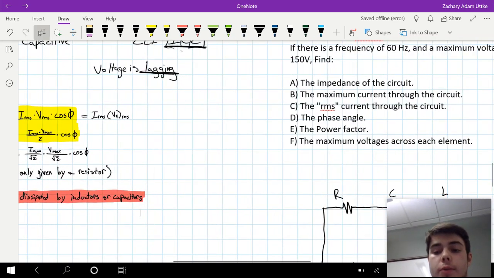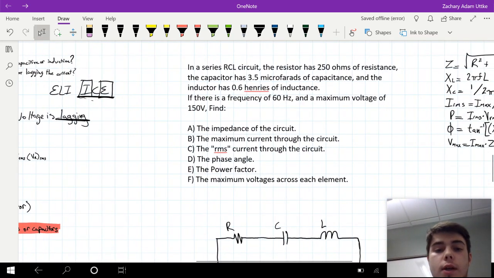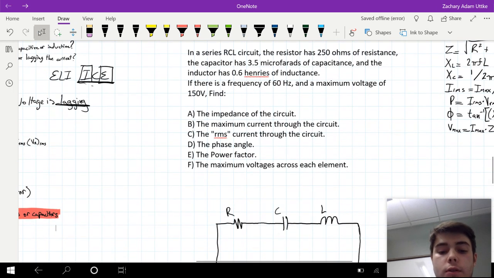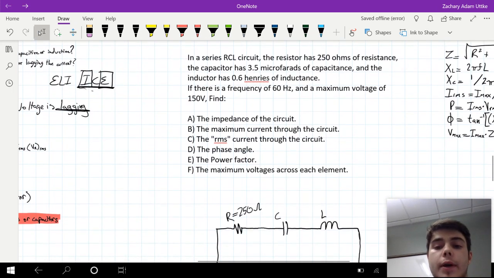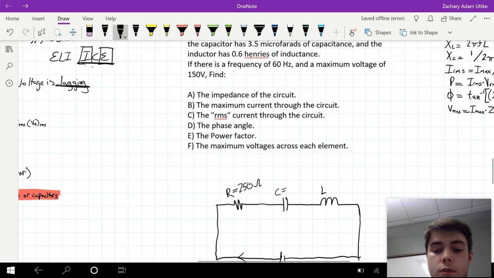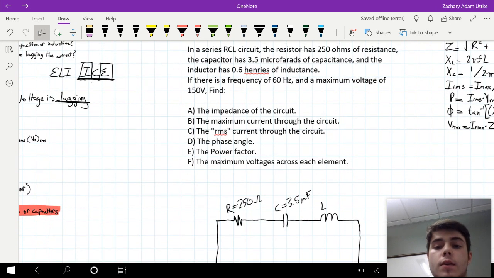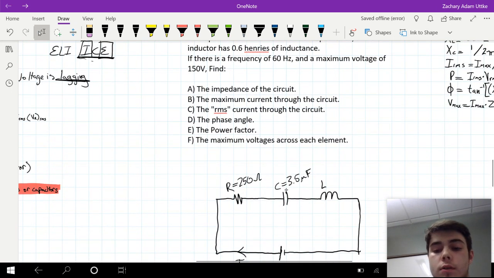And to look at an actual problem, let's say in a series RCL circuit, the resistor has 250 ohms of resistance. So R equals 250 ohms. The capacitor has 3.5 microfarads of capacitance, and the inductor has 0.6 henries of inductance.